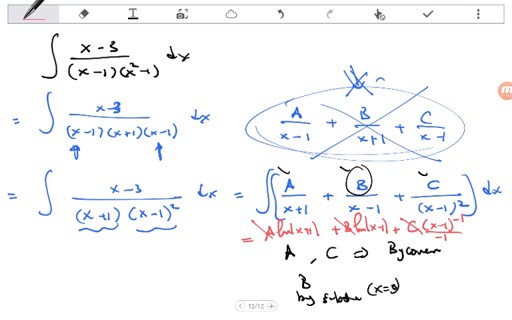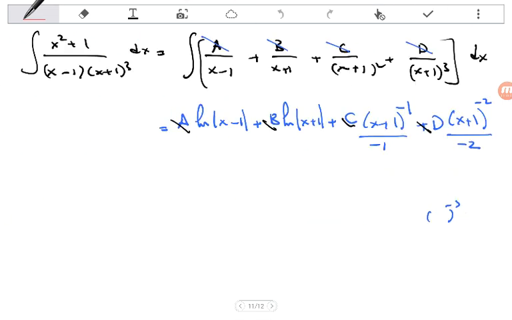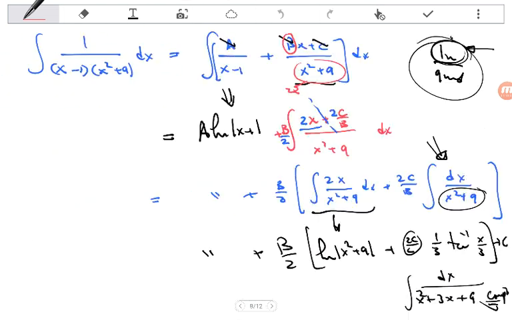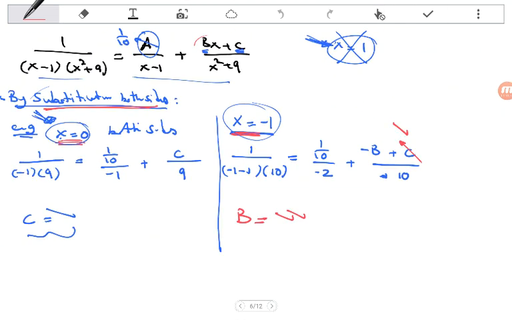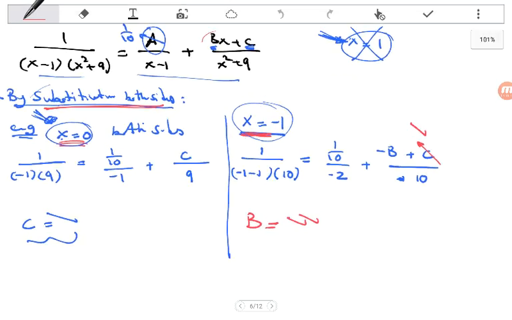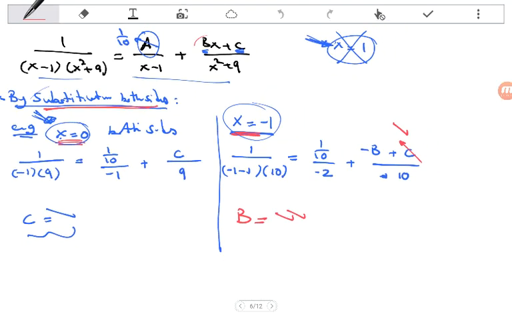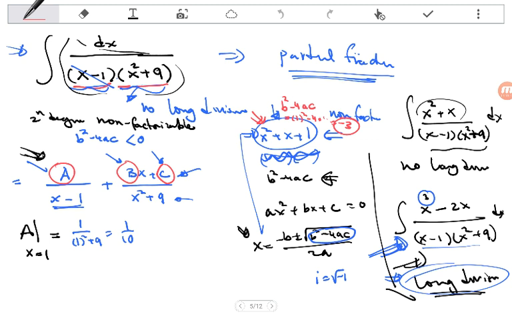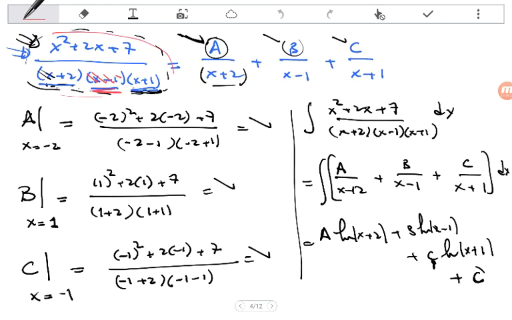So we have learned today how to deal with the three forms of the brackets in the denominator for partial fractions. There are some other cases, but these are the three basic forms. In the next integration lecture, we will find some other cases which can be transformed to any of these.